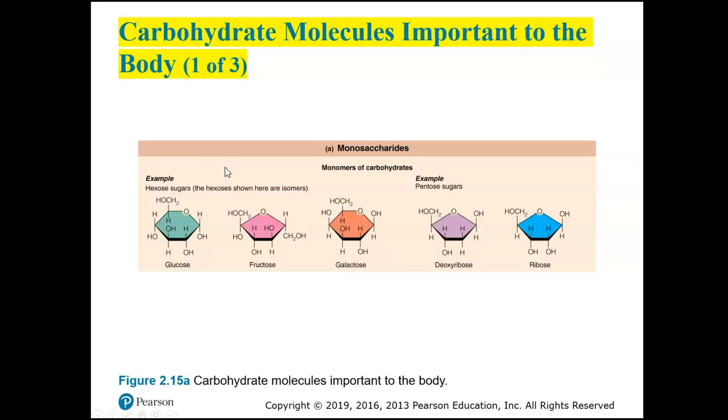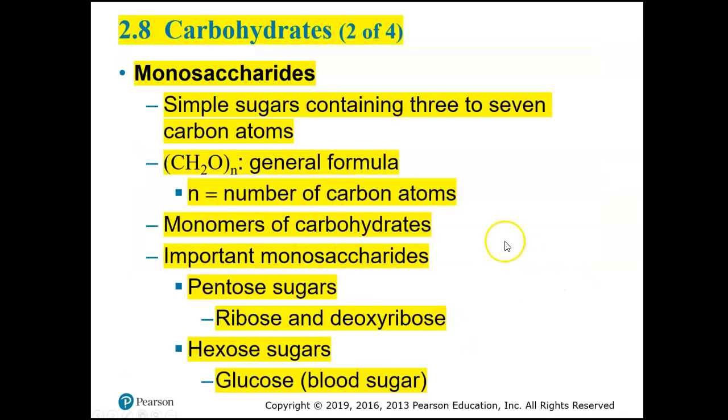Glucose, let's see if the formula is here for you, so I don't have to write it. No. Okay, I'm going to use my pen. Hold on a minute. You do need to know the formula for glucose, and it's going to have 6 carbon atoms.